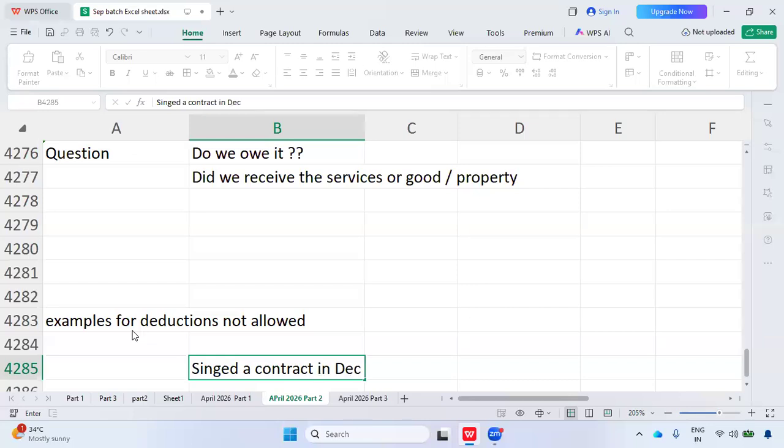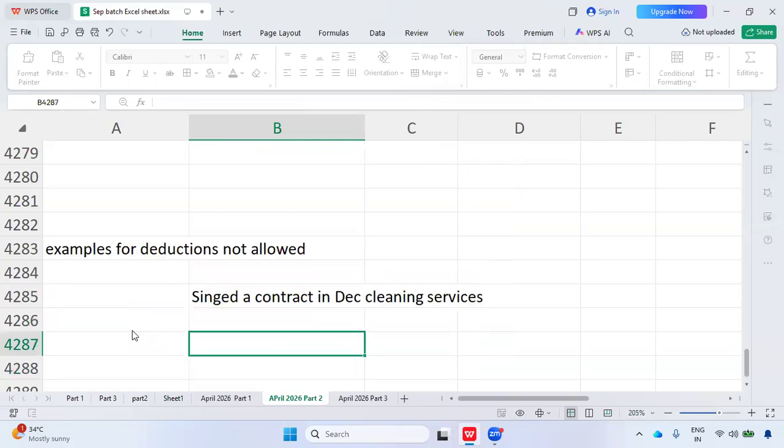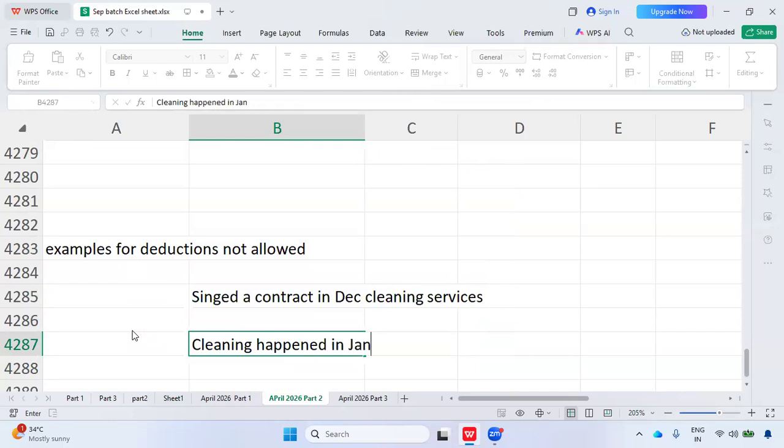The business requires cleaning services. So they signed the agreement, and the cleaning happened in January 2026. Can we claim it in 2025?